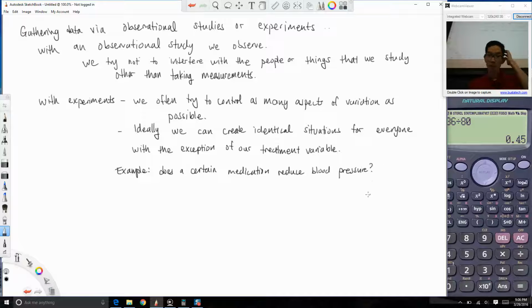Well, if we think about it, there are many things that could affect a person's blood pressure: their age, their gender, their race, their diet, their exercise amount, their work activity. There's lots of things that could go into determining someone's blood pressure.